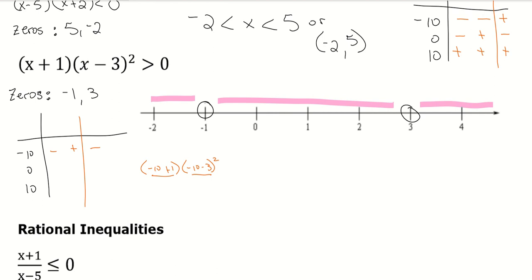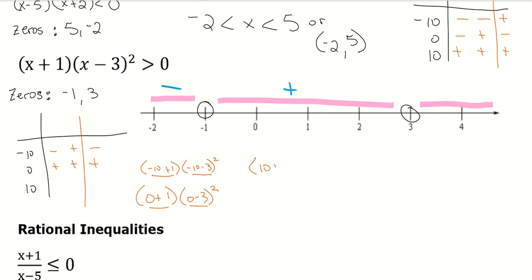So here I have negative. If I plug 0 in, that would be 0 plus 1 times 0 minus 3 squared. So I have positive and positive, because when we square it, it becomes positive. So that's positive. This region is positive.